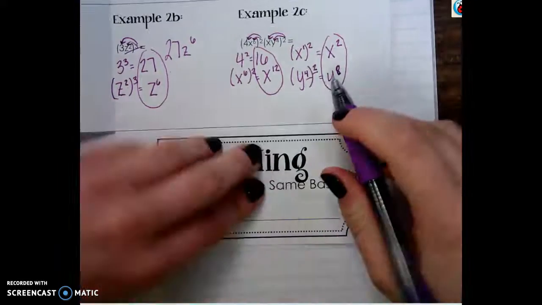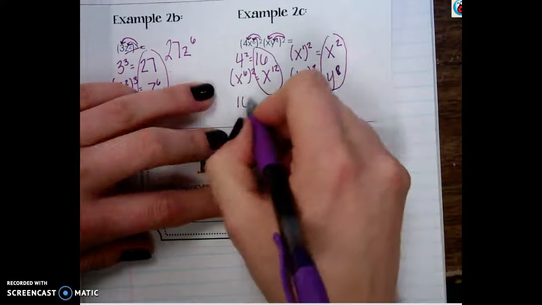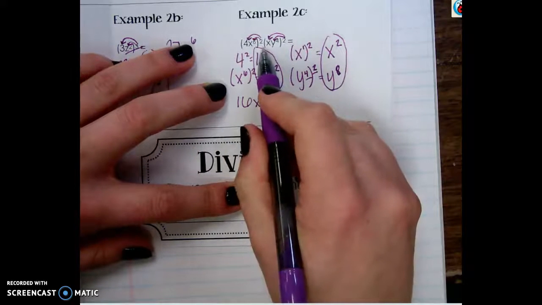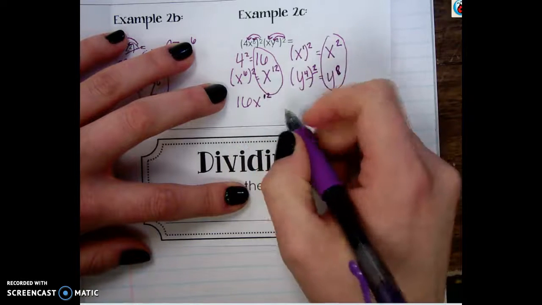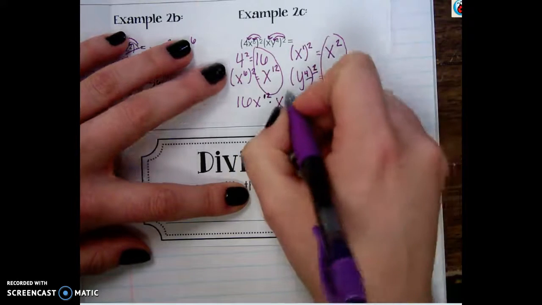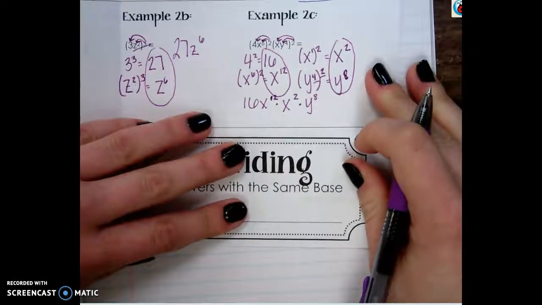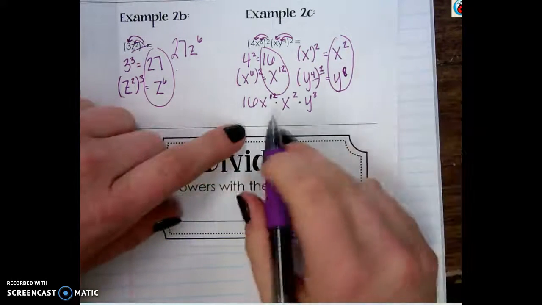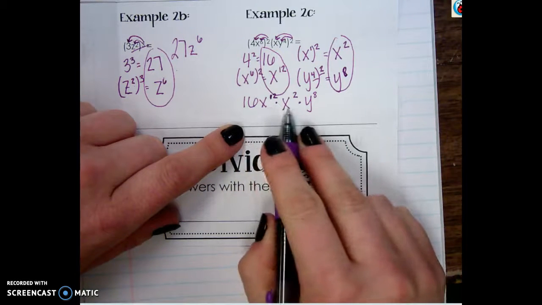All right, so let's break it down. Let's see if we have everything simplified. So then we have 16 x to the 12th times, because there's a space, there's just nothing in there, so we know if it's sitting next to each other, it needs to multiply, times x squared times y to the 8th. Do we have everything as simplified as we possibly can? Not exactly. We have this x to the 12th and x squared.